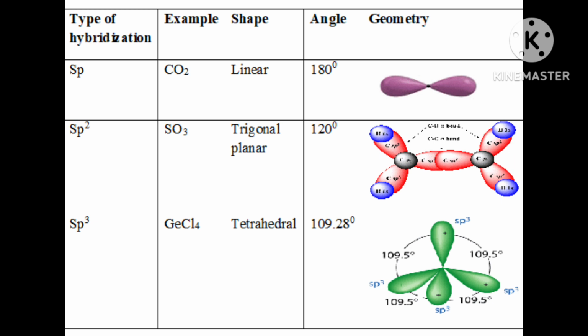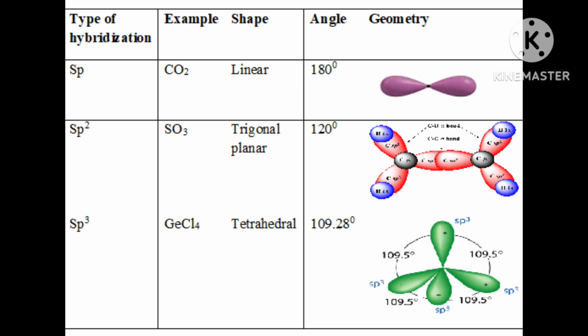Again, one more problem is there. Write the state of hybridization of carbon in the following compounds and the shapes of each of the molecules. What I told you now, same type of things you have to think. You have to find out what type of hybridization is there in the given molecules, and the new thing they are asking is the shape of each of the molecules.